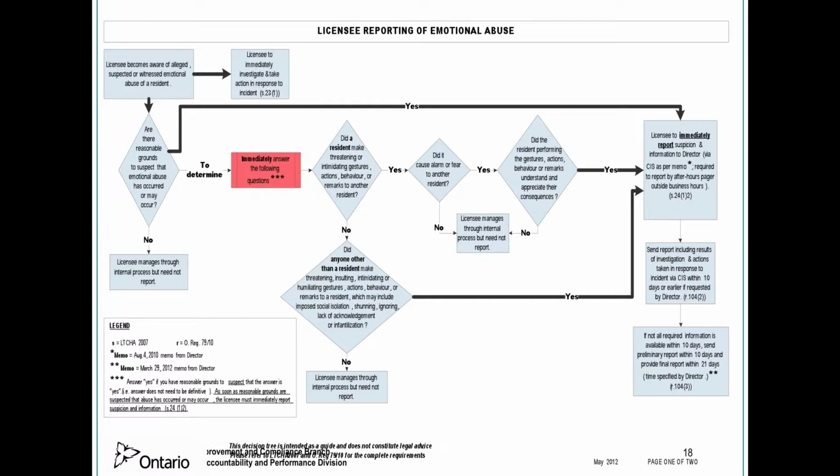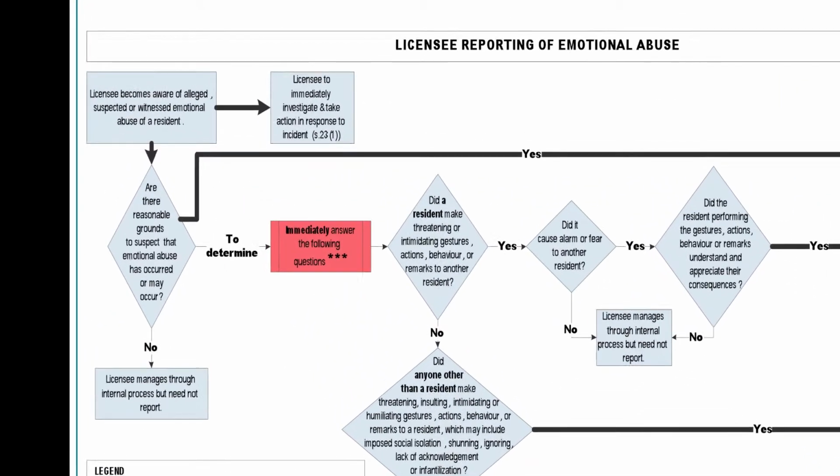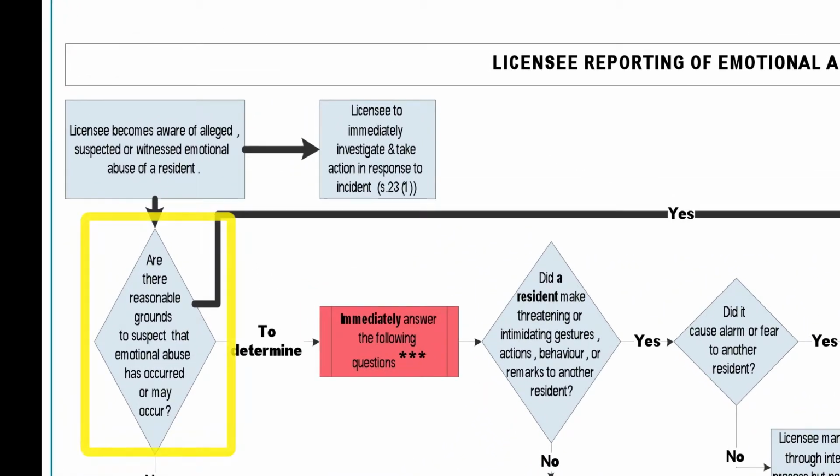We also say to people that even right at the start, the real question is always, are there reasonable grounds to suspect that this kind of abuse has occurred or may occur? If you're the person who will be reporting, and you walked into a room and you saw somebody being abused, you witnessed it, then you have more than reasonable grounds.